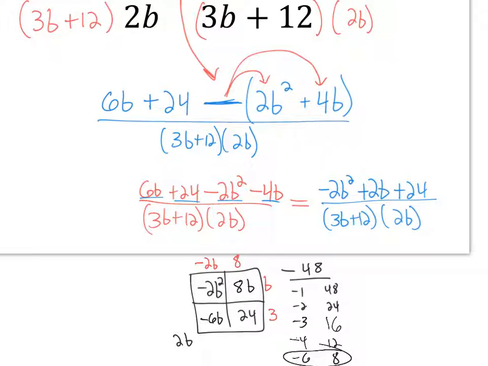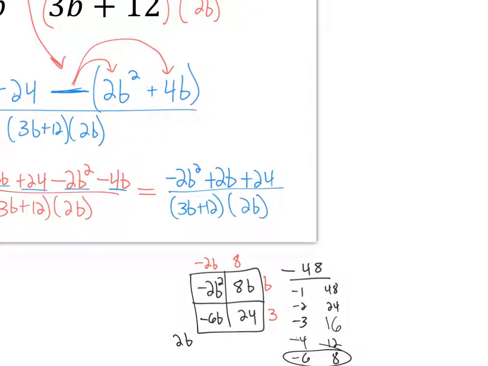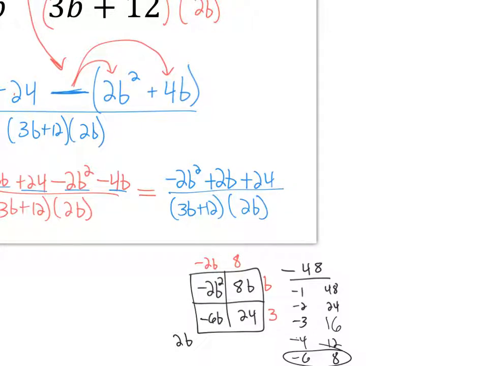So the numerator, the top of this fraction, can become negative 2b plus 8 times b plus 3. I'm just getting those from this right here. And then my denominator is still 3b plus 12 times 2b.